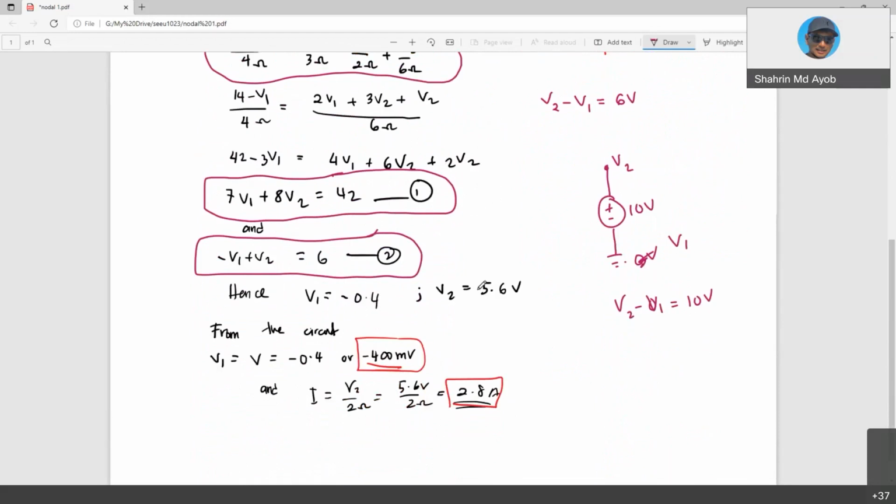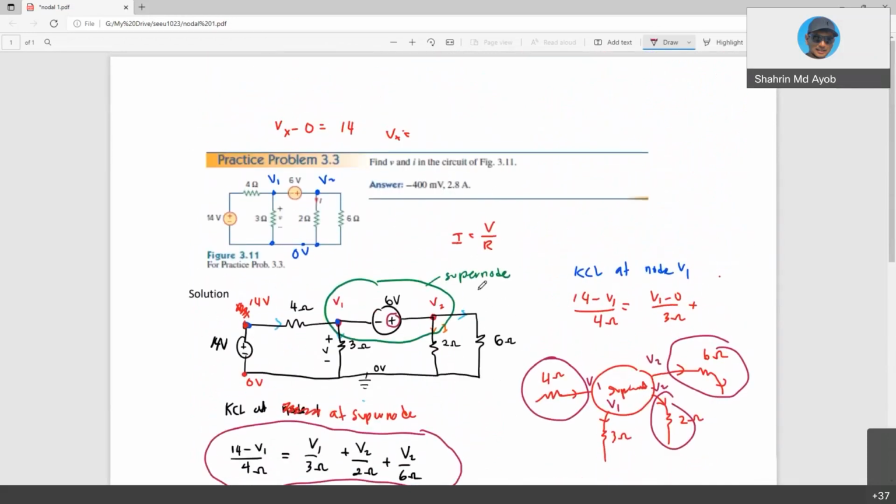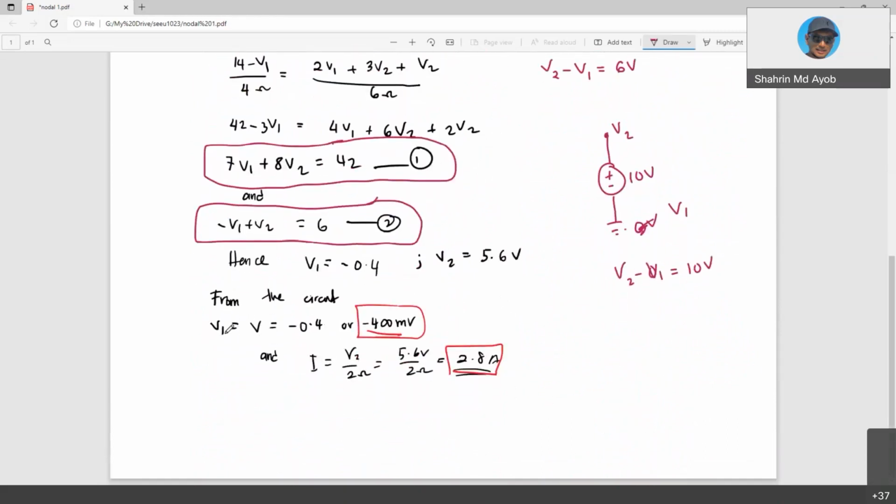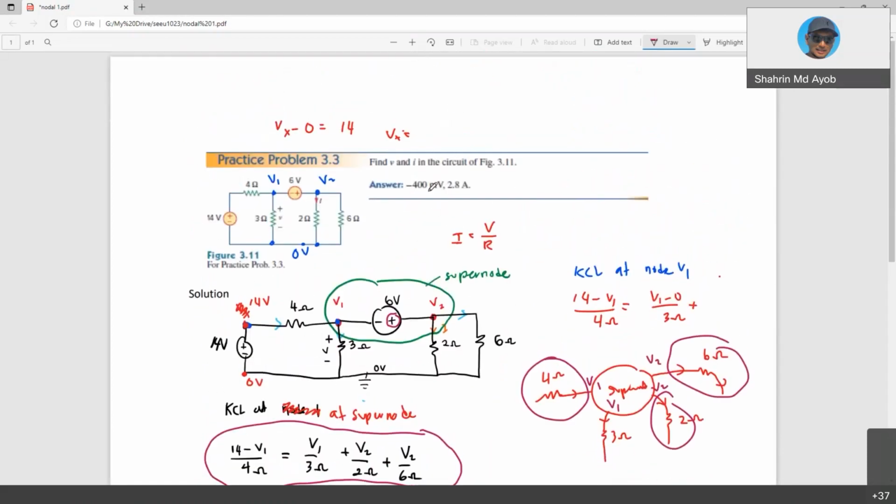And from the circuit, you see that this voltage is actually V1. So the answer is negative 0.4 volts, or negative 400 millivolts. The second question is to find the current.